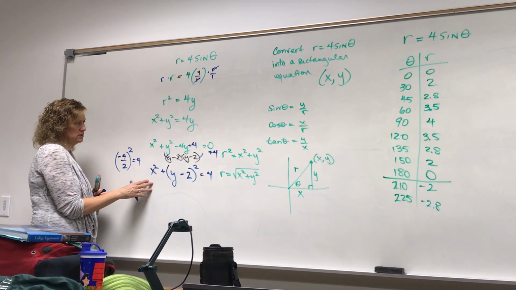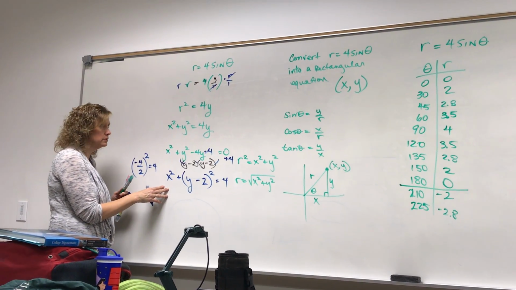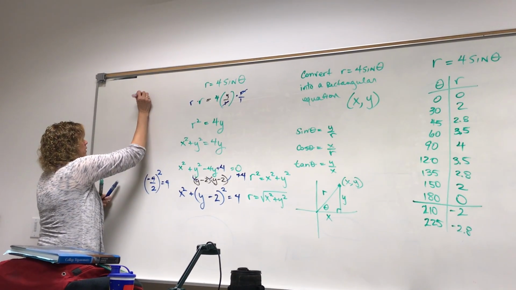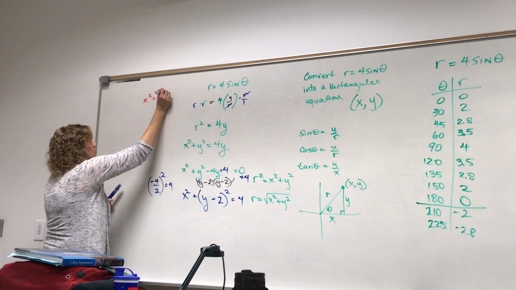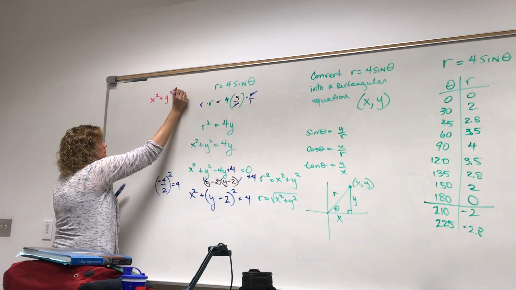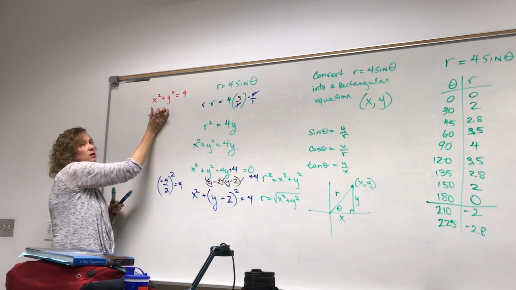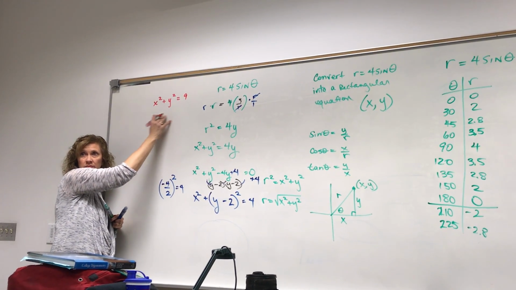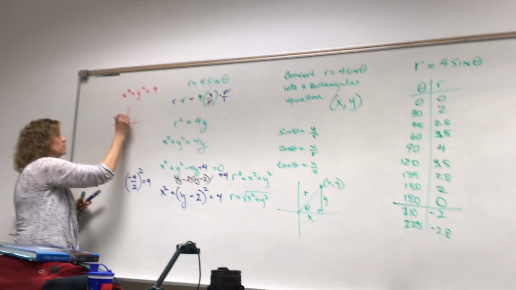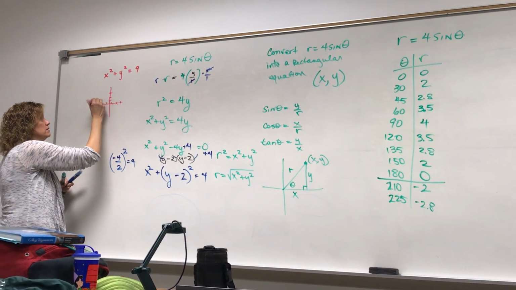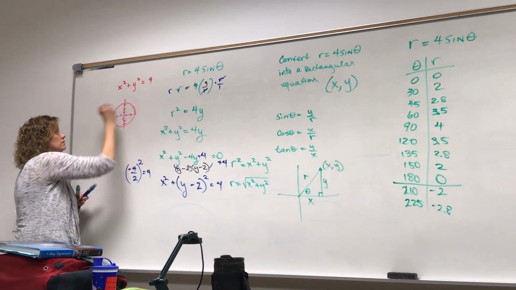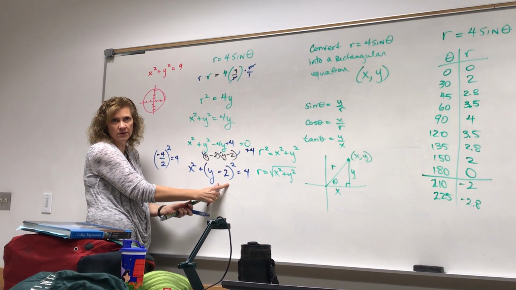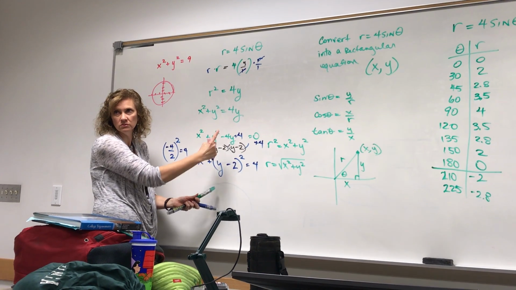Now you might look at this and say, ew, but if we take a small break and remember that a more basic circle is one centered at the origin with a radius of 3. Look familiar? So 1, 2, 3. That means this has been translated in the y direction, up 2, down 2?